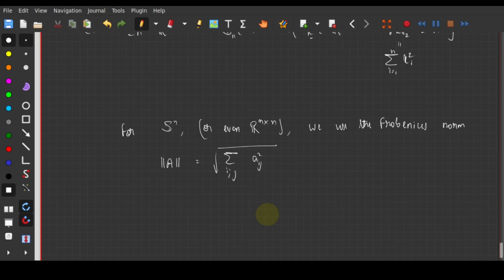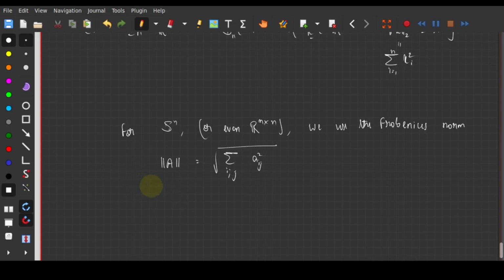Right. So for S^n, what is a norm ball? Would it have the same shape in some sense as the Euclidean ball?